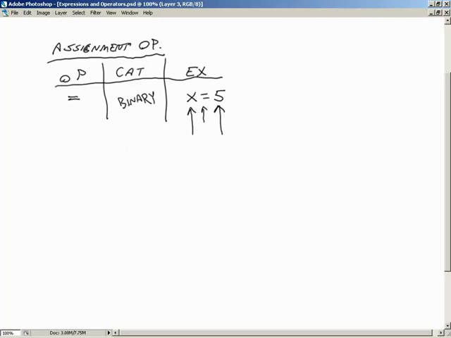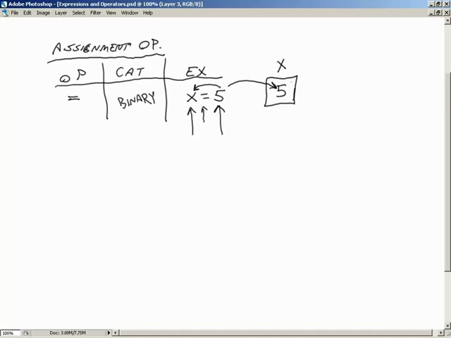All right. So that is the assignment operator. What is the assignment operator's job? It is to take the value on the right and put it into what is on the left. So in this particular case, we know that we are representing a storage facility that is labeled x, and we are putting 5 into it. Assignment. That is what we are doing, an assignment.